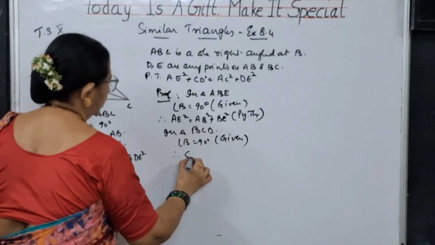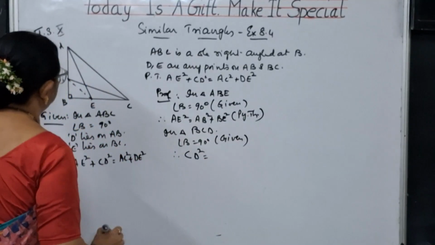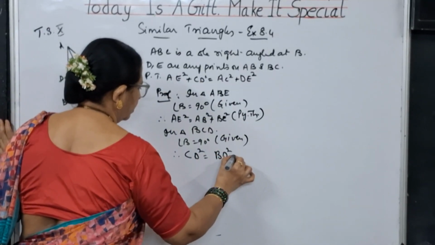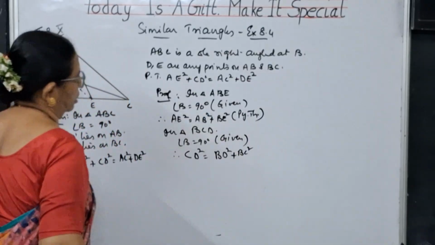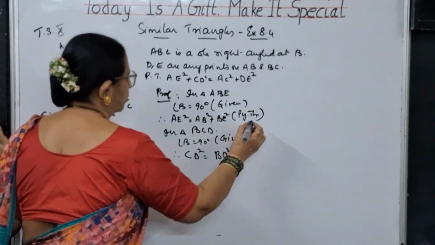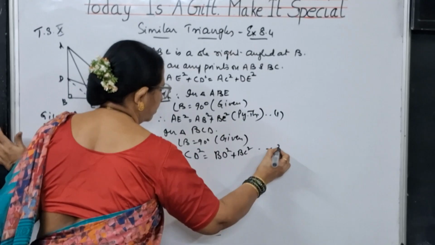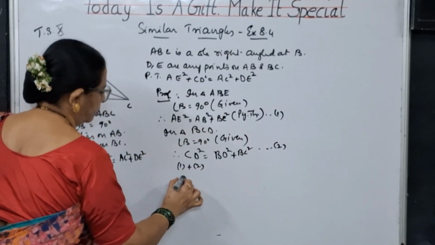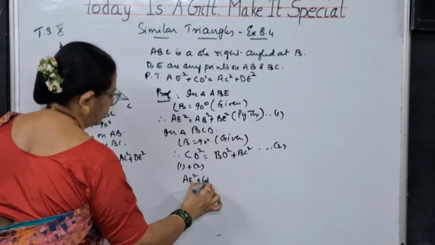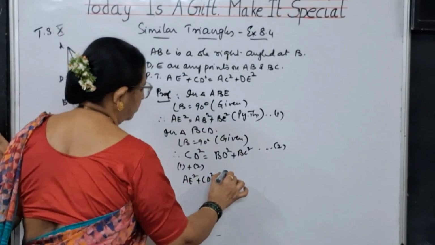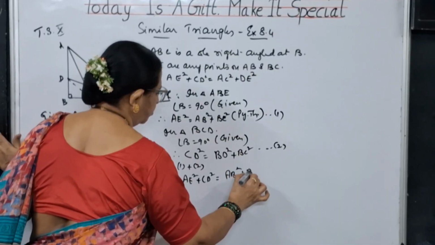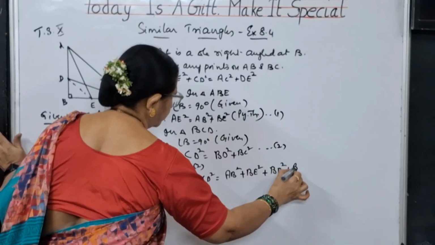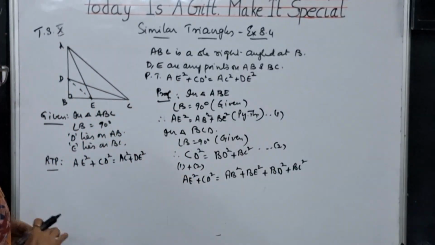Therefore, CD square is equal to, what is CD square? BD square plus BC square. Now, this you consider it as first one, this as second one. You need to add them. First plus 2, that is AE square plus CD square is equal to AB square plus BE square plus BD square plus BC square.